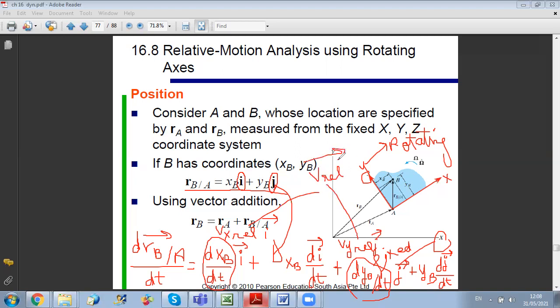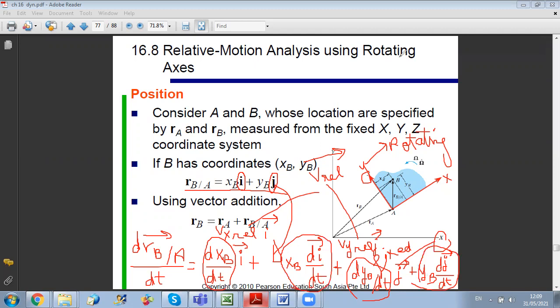So as you can see, the derivative of RB relative to A with respect to time is equal to V relative plus something else. It's not just V relative, because you have the other two terms, xB di by dt and yB dj by dt.